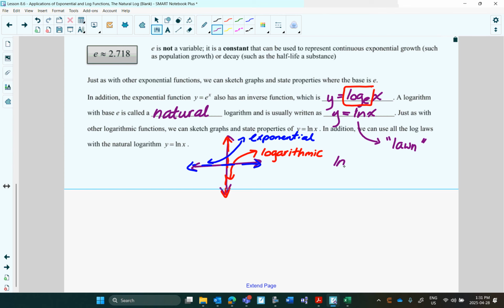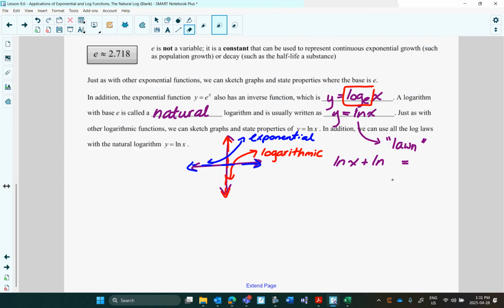So if I said, still in a little review here, how could I write this as a single log?